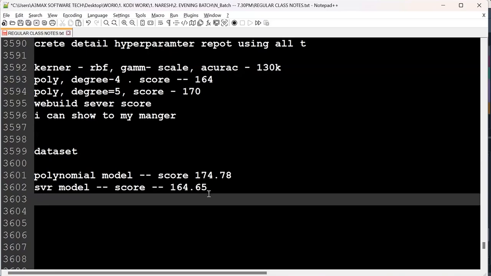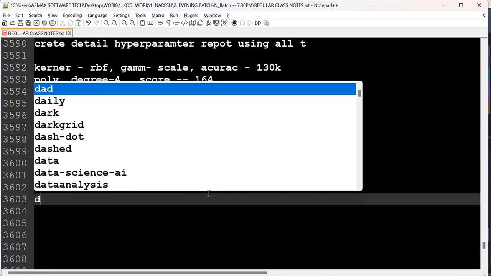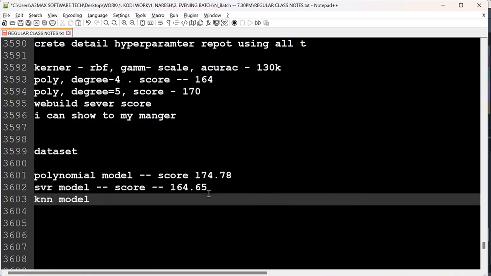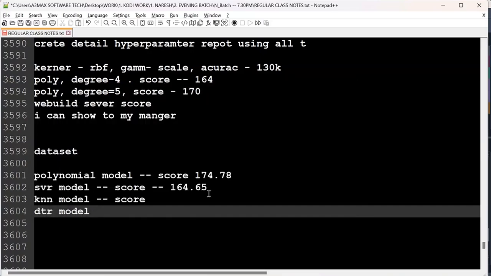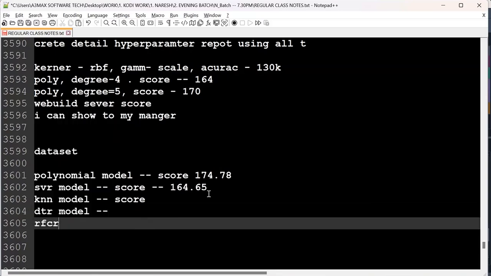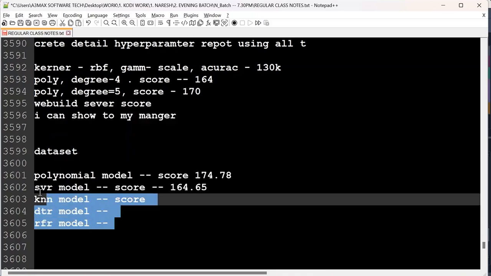Same way, we will build a KNN model as well and check the score. Then we will build a decision tree regression model and generate some score. And then we build an RFR model and generate a score. And we'll finalize which is the best model for this data set.